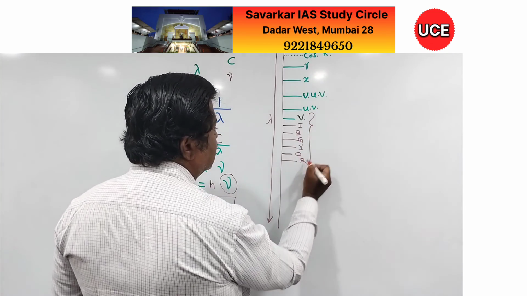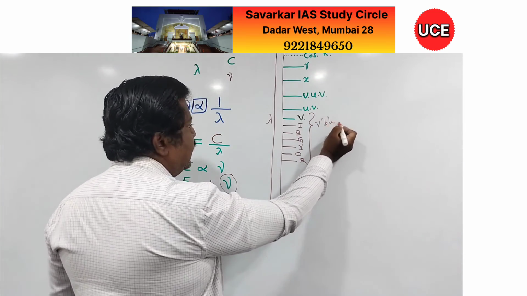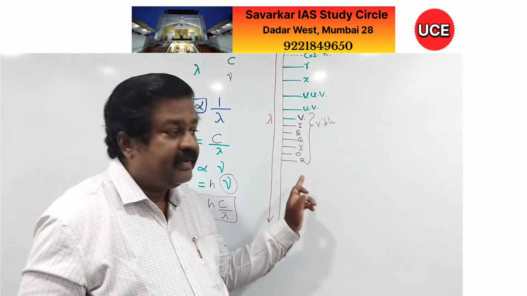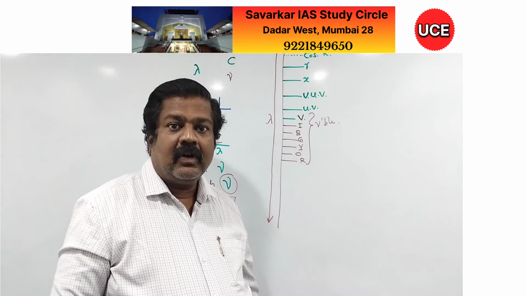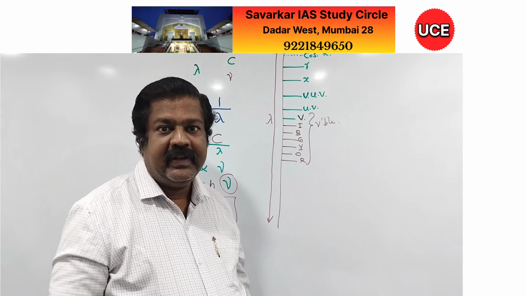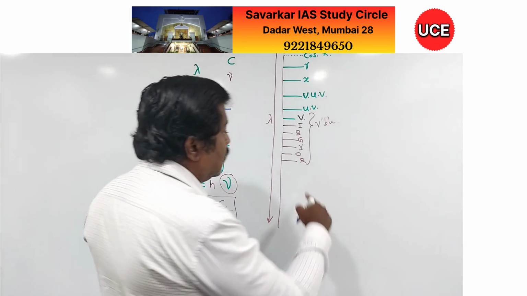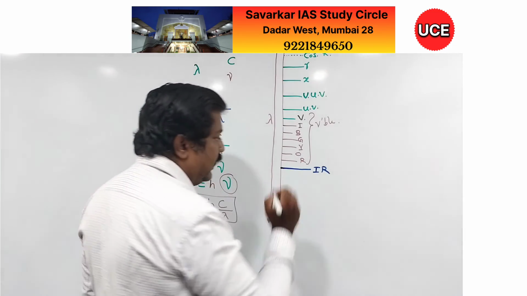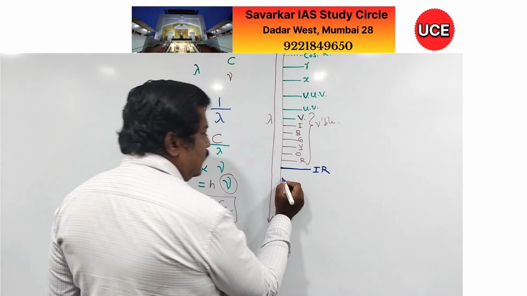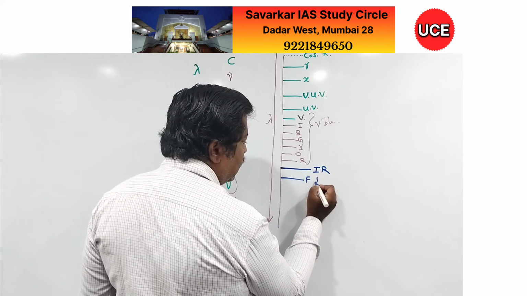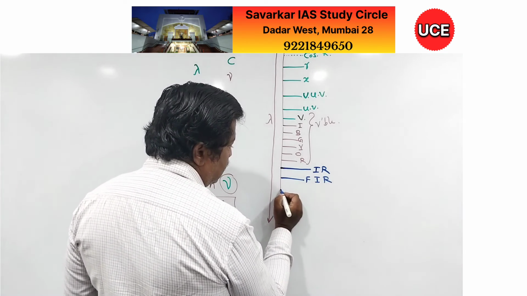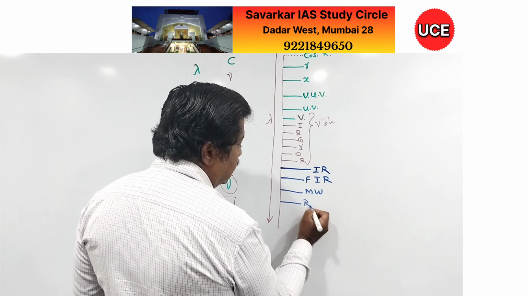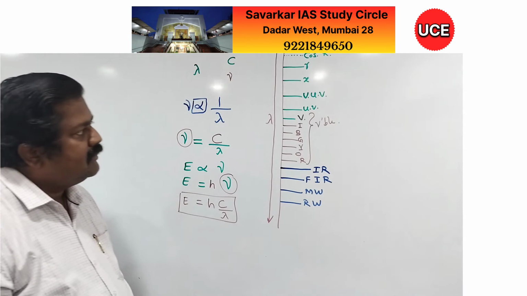So this range is called the visible range of light. Only this much spectra is visible. Now red onwards, we are getting infrared, then far infrared, then microwave, then radio waves.